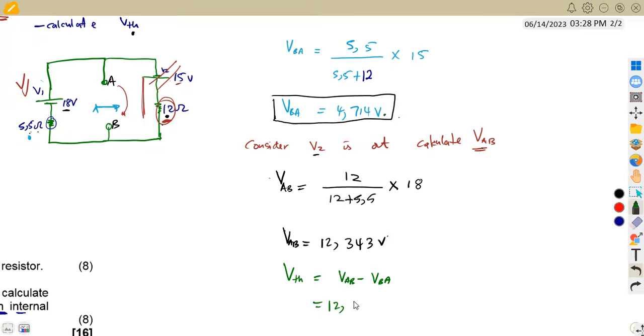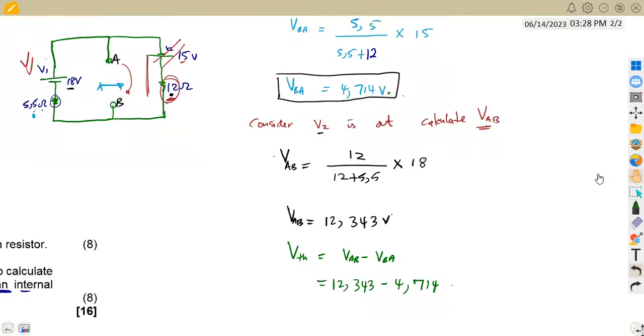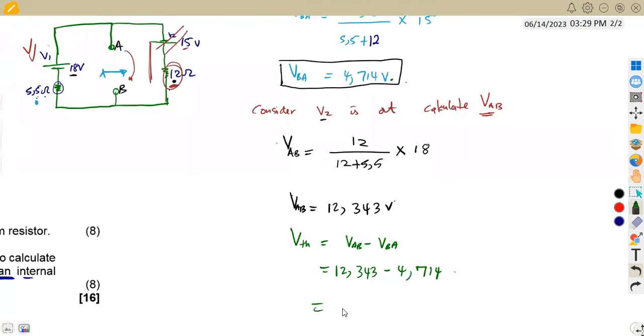So that's 12.343 minus 4.714 volts. If we do this, we are going to have our VTH, which is something like 7.629 volts. Just consider also rechecking our calculations to see if we are on the same page.